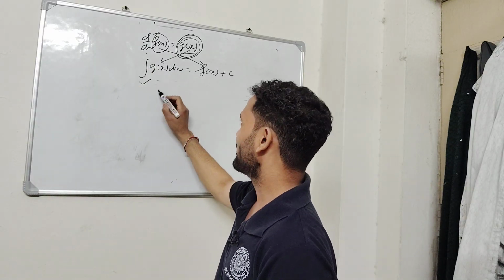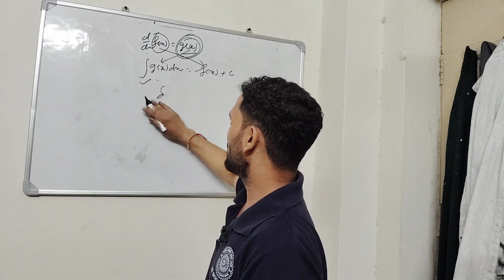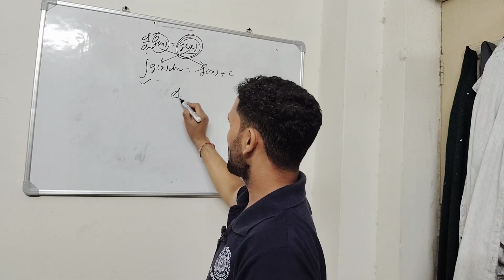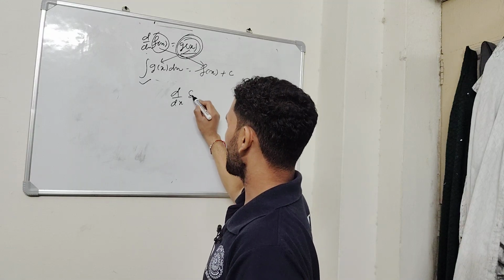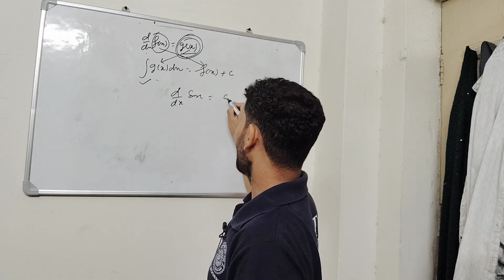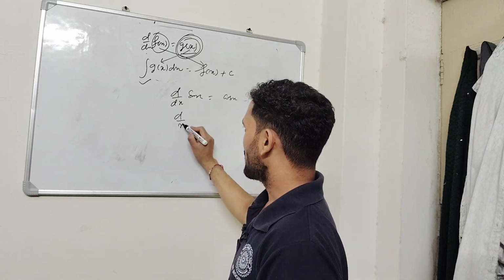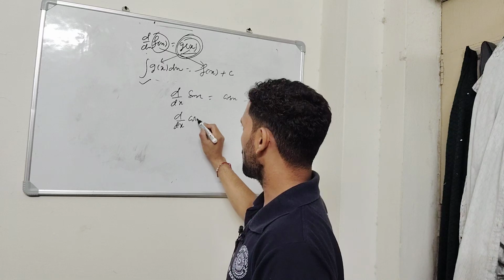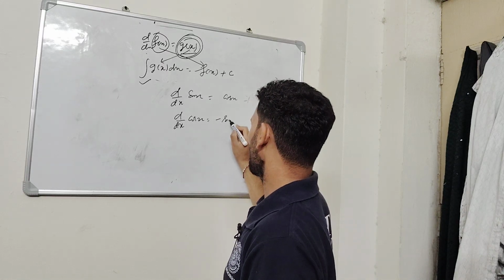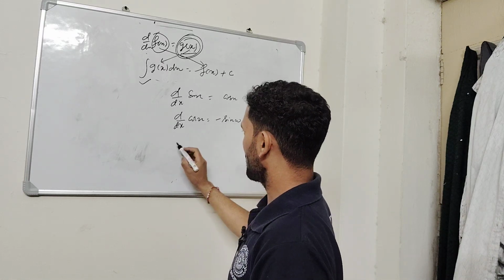For more clarity, simply, what is the differentiation d/dx of sin x? Clearly cos x, right? What is the differentiation of cos x? It is equal to minus sin x.